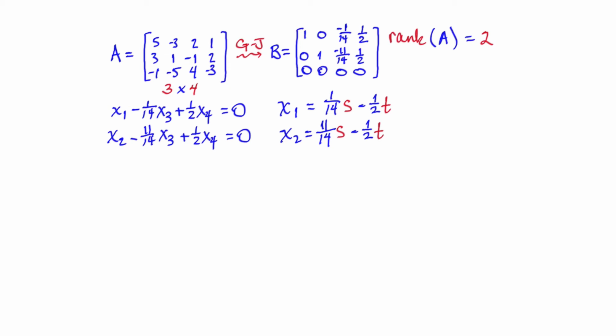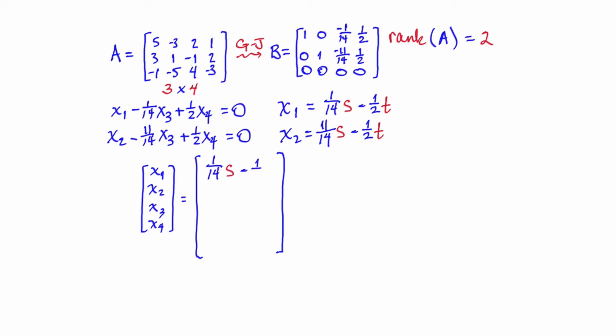And now we can write all the solutions to the homogeneous system as vectors x1, x2, x3, x4 that all have this form. The first component is 1/14 s minus 1/2 t. The second component is 11/14 s minus 1/2 t. The third component is s, and the fourth is t. Now, we can break this vector up using a linear combination of two vectors with coefficients s and t.